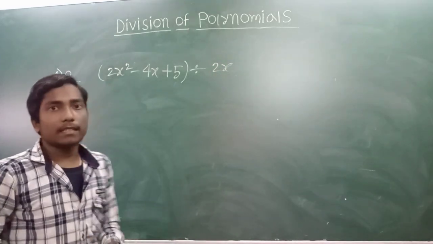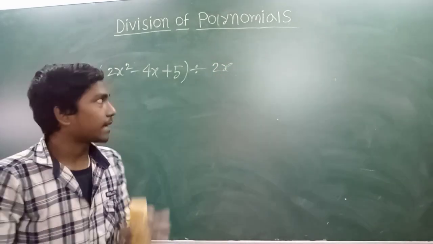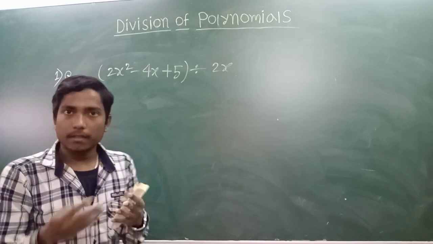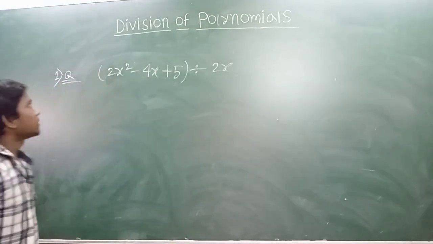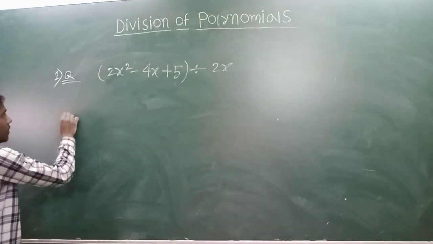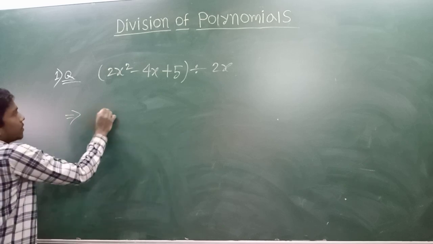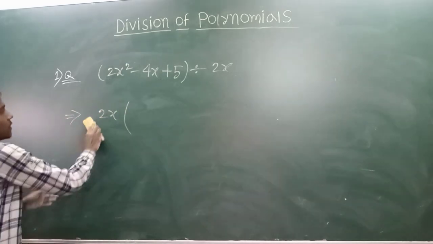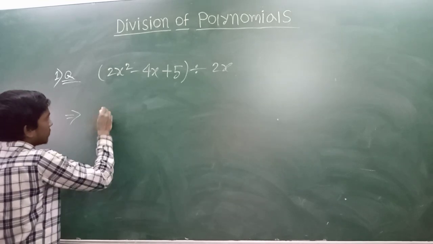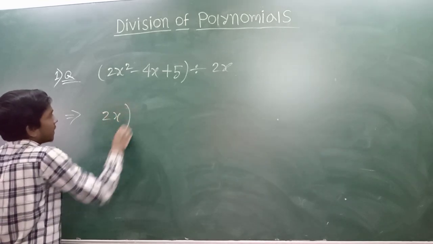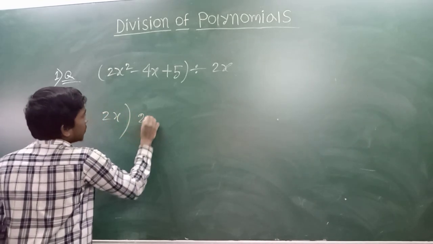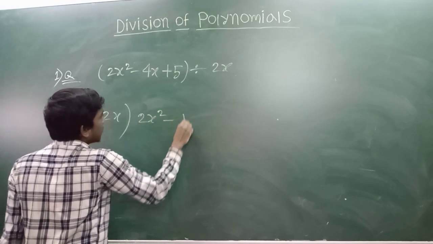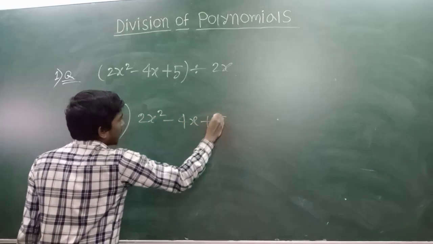Okay, now I will tell you to pause the video here and try this yourself. Then if you can't solve, continue with my solution. Okay, so we'll write here 2x and the dividend is 2x squared minus 4x plus 5.